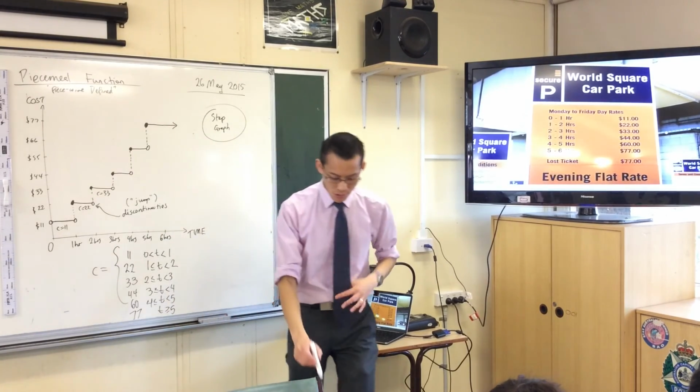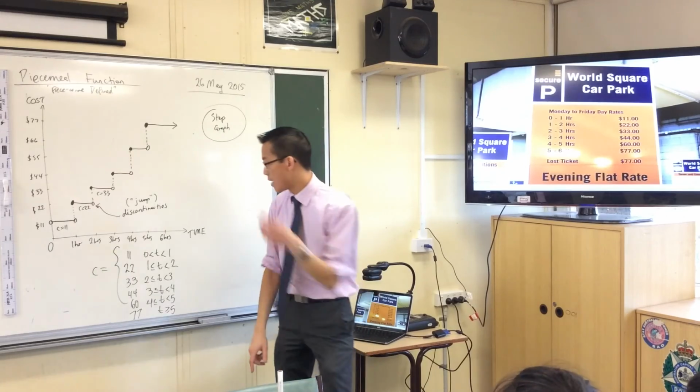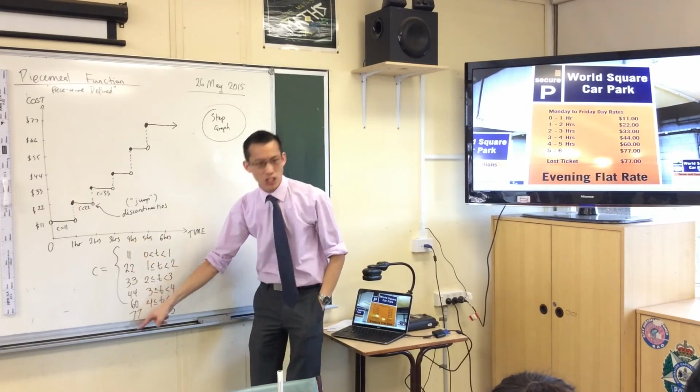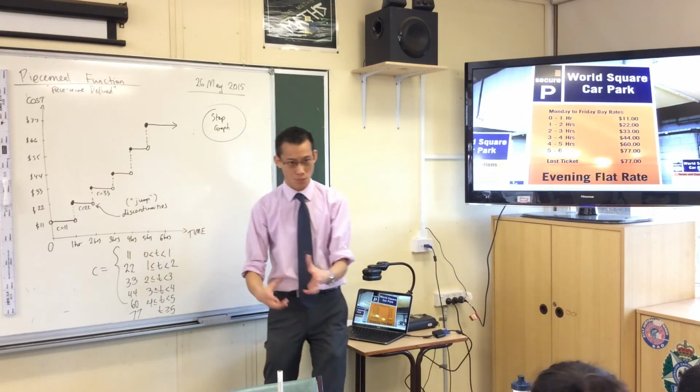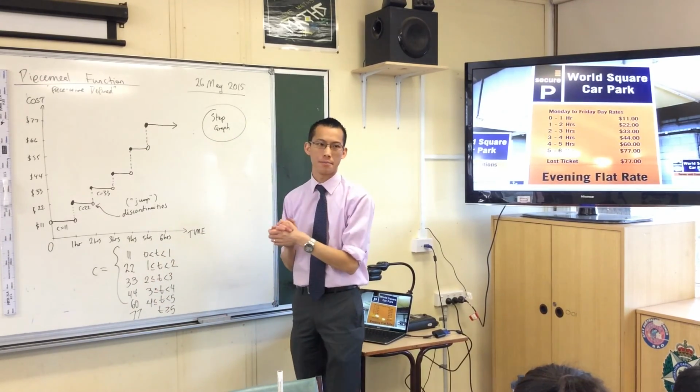It just goes. Okay, so you can see that these are the actual parts, and these are where those parts are true, where the pieces apply. Does that make sense?